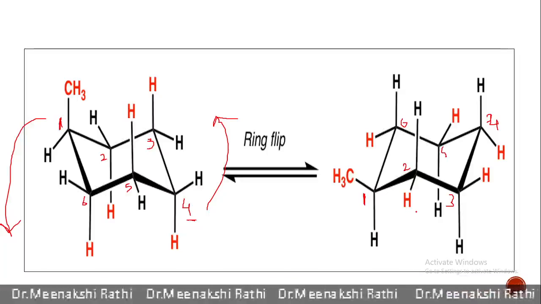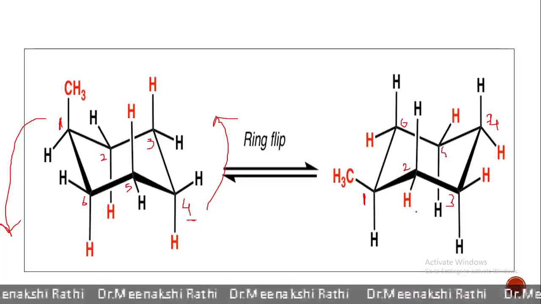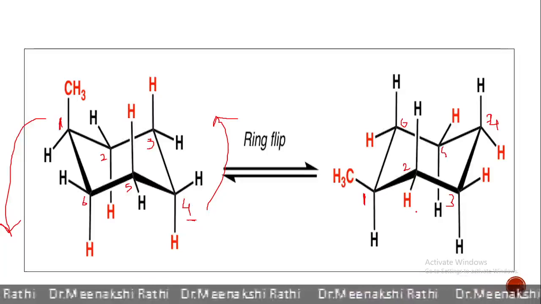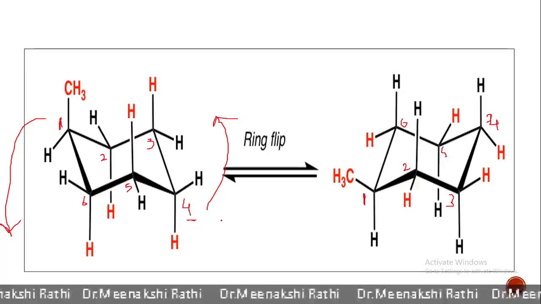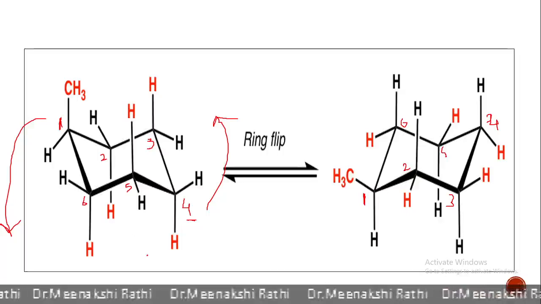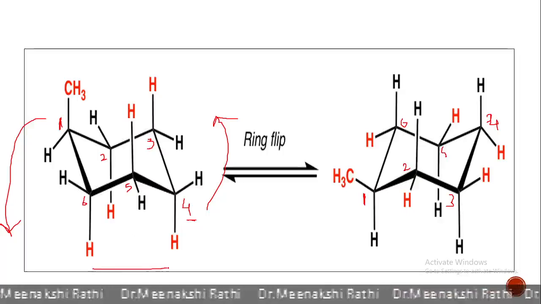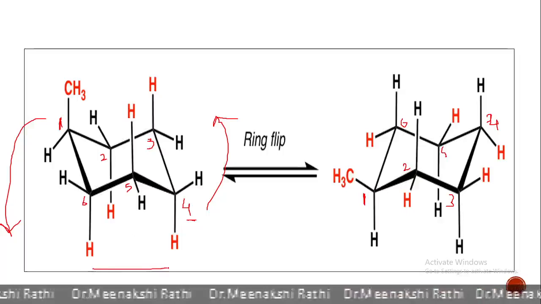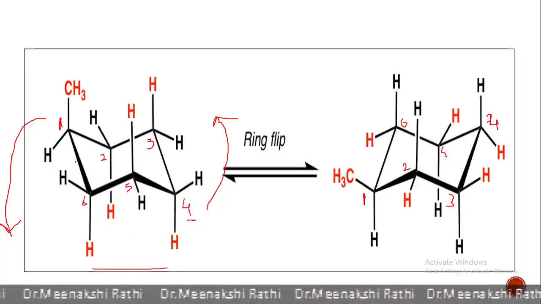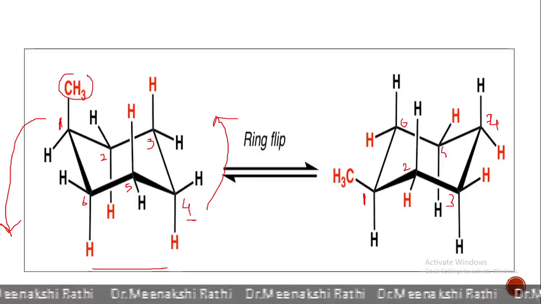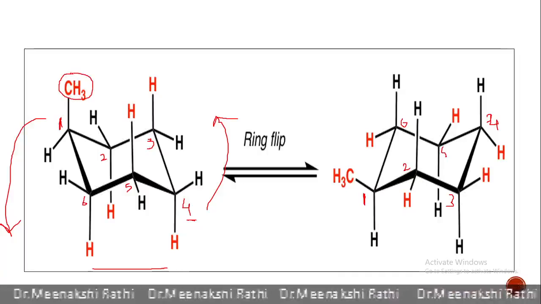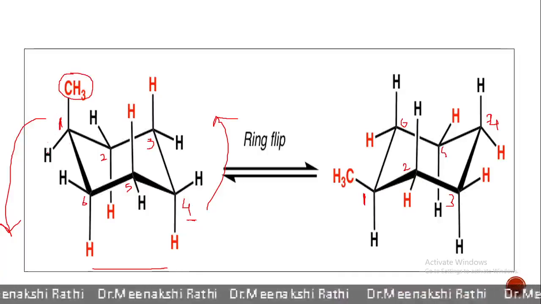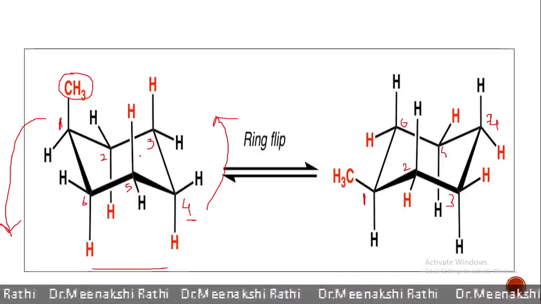When there is a ring flipping from one chair conformation to another, all the axial hydrogen becomes equatorial. See here, in the first example, all axial hydrogen atoms, and this methyl group is also in axial form, are shown in red color, while equatorial are shown in black color.